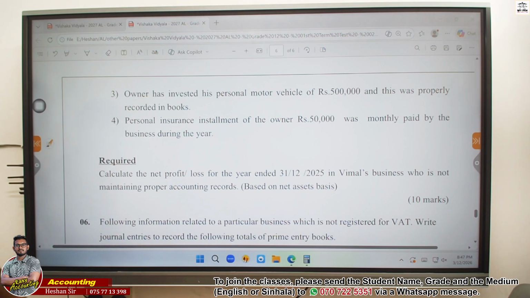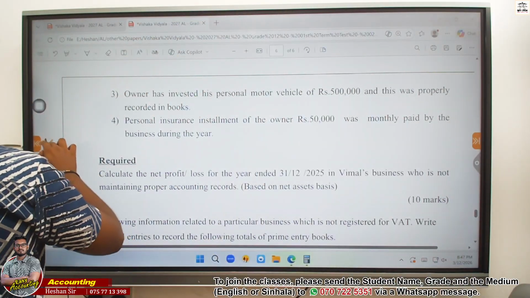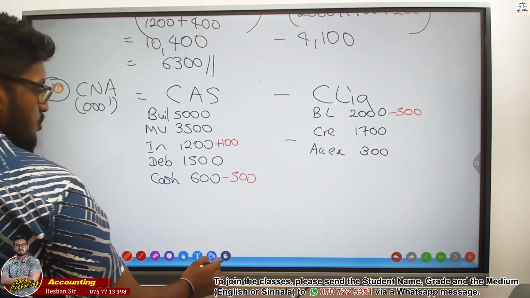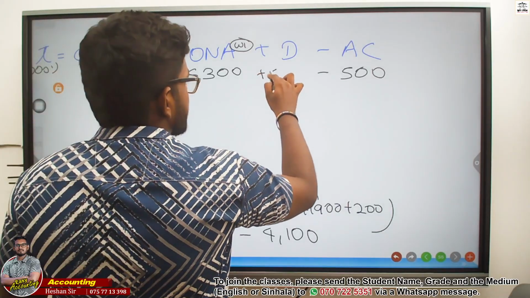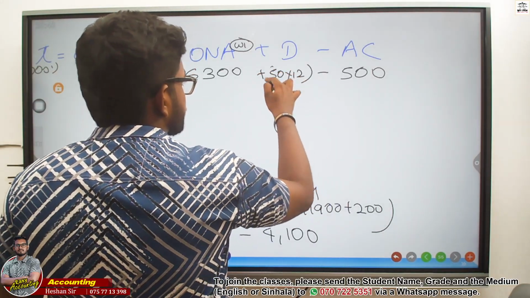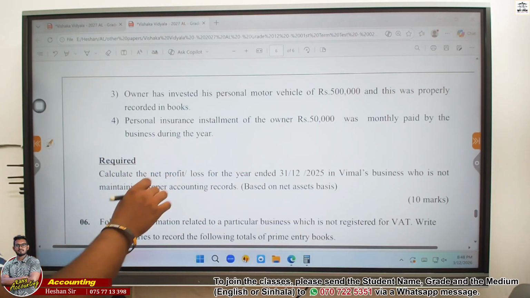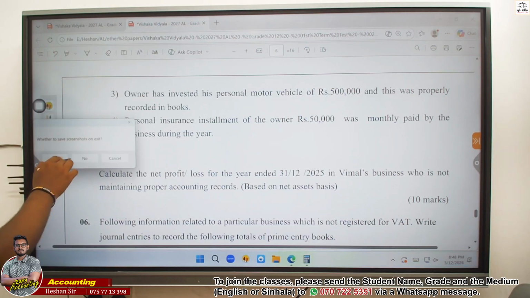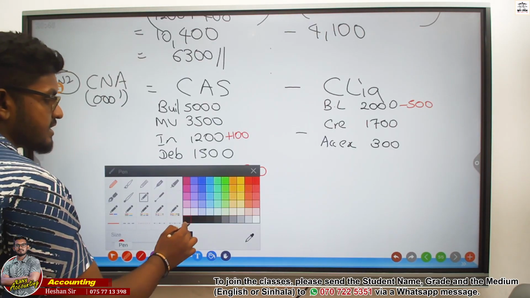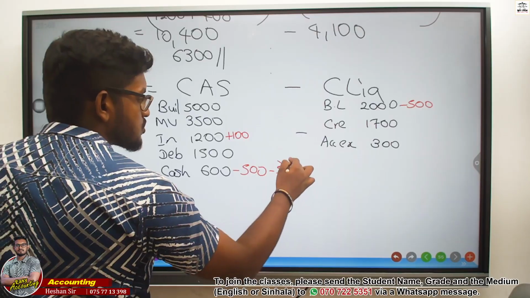Monthly paid by the business is a clue to calculate the drawings: 50 into 12 months. Drawings mean 50 into 12 months. That's it. It affects the cash. If you deduct the cash here, I gave marks, but if not, I also gave the marks.